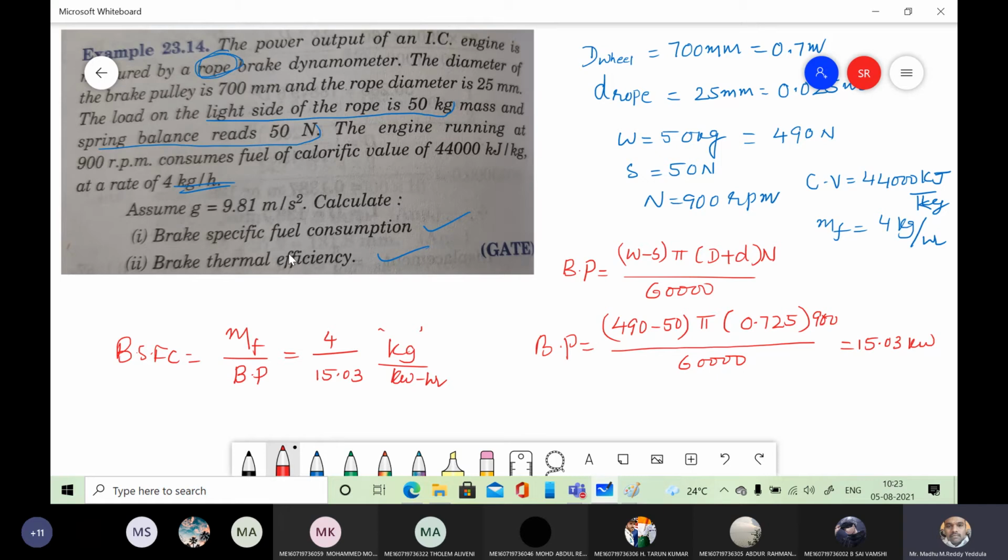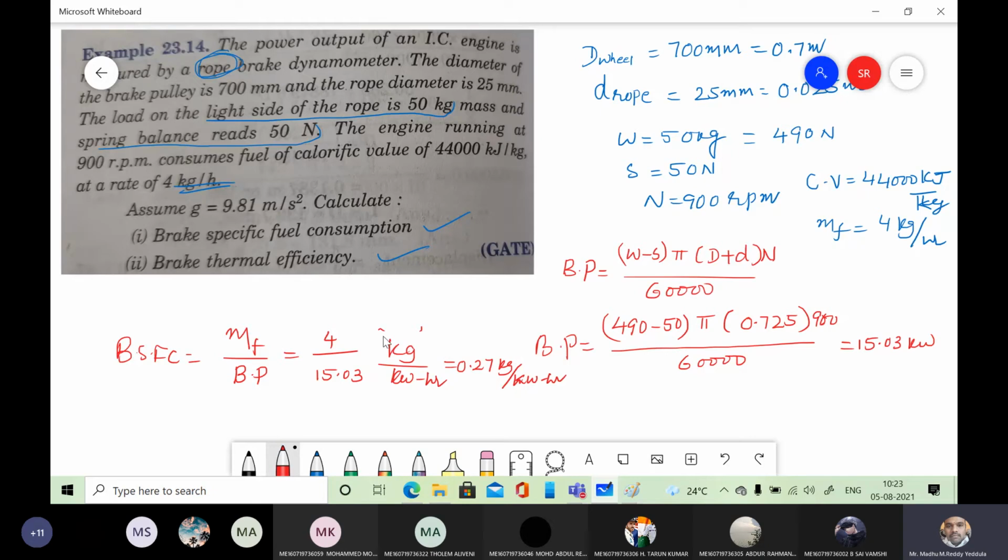For brake thermal efficiency, we should consider mass of fuel in kg per second to balance the units, or if you take kg per hour directly, you should multiply with 3600. That is a factor. How much is BSFC? 0.27 kg per kilowatt hour.